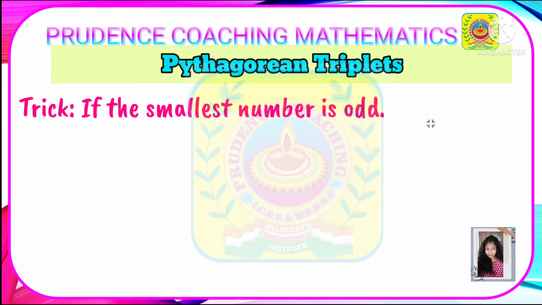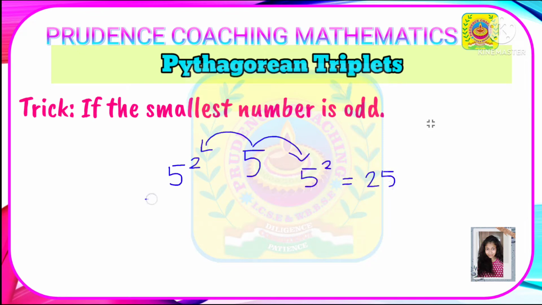For example, if we take the next odd number, that is 5. The first step is to square the number. So we will do 5 square in both cases. 5 square you will get 25, so write 25. Now in one you need to add 1 and in the other you need to subtract 1.